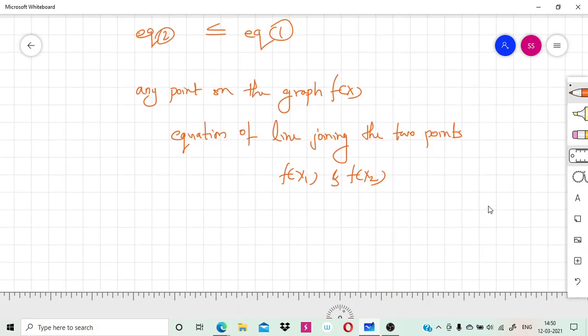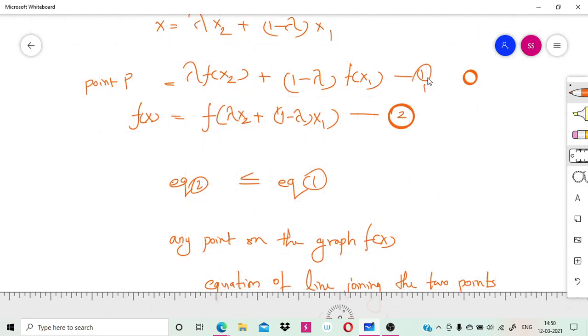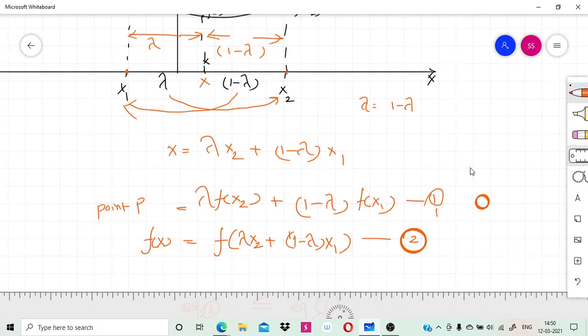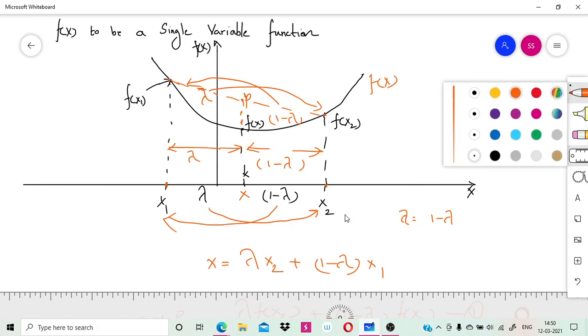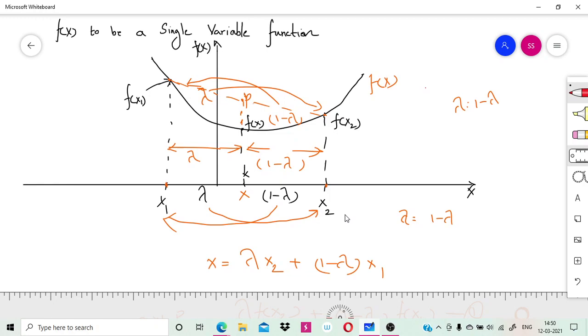That means, in order to have an idea whether the function f of x is a convex function, you have to consider 2 points. Let us say this is my x1 here and this is my x2 here.